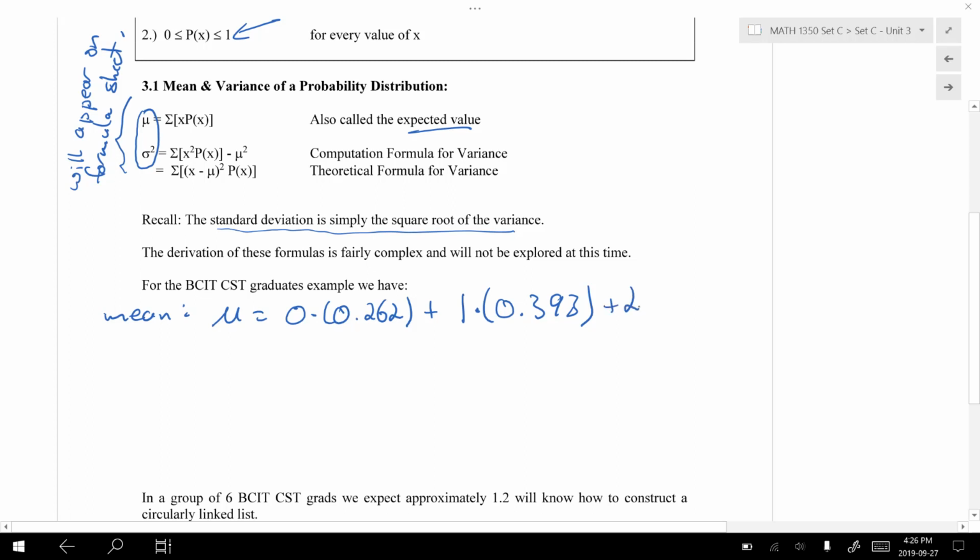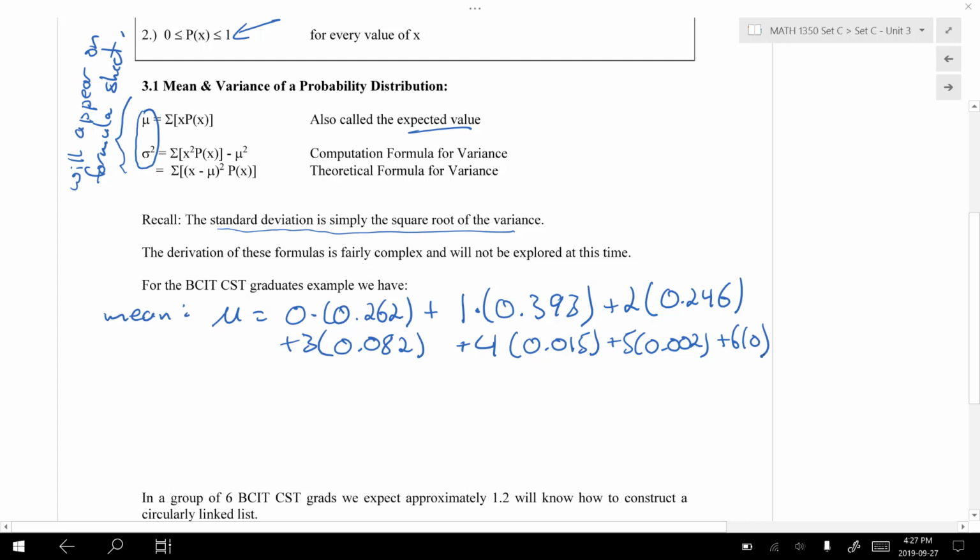And we can keep going here, adding 2 with its probability, 3. Probabilities are getting smaller now. By 5, they've all but disappeared, and 6 will just multiply by 0.